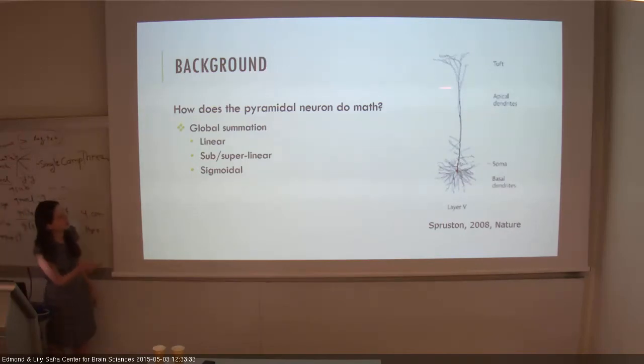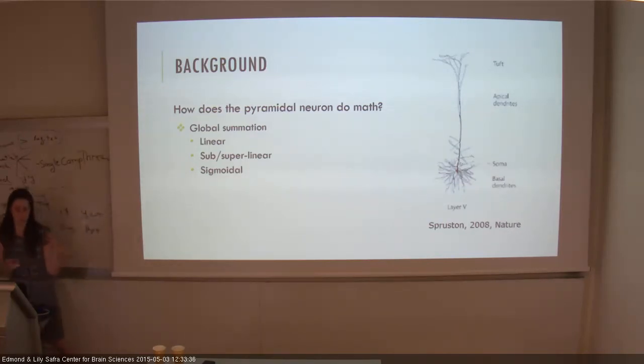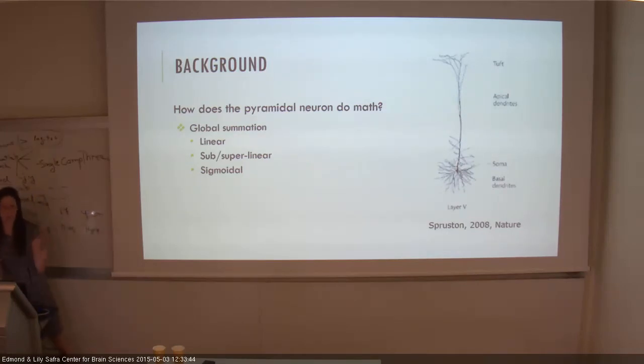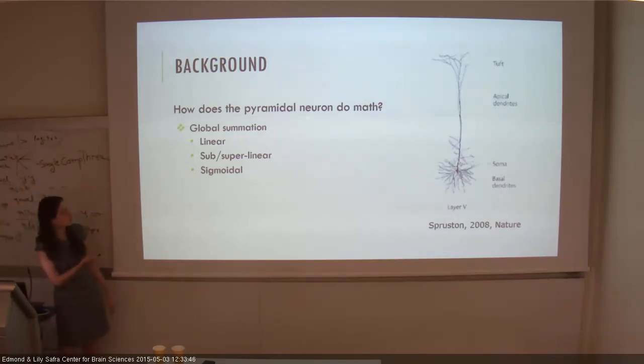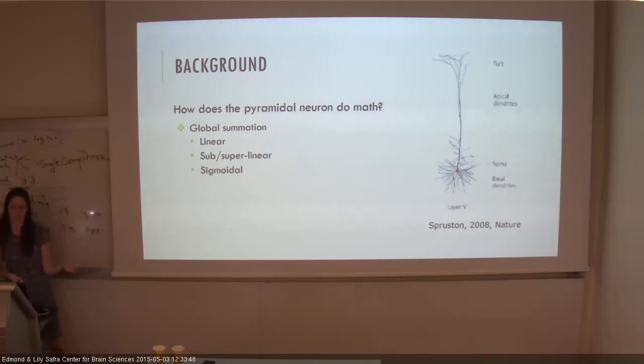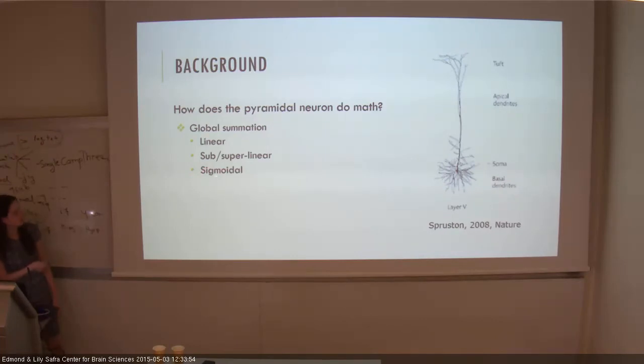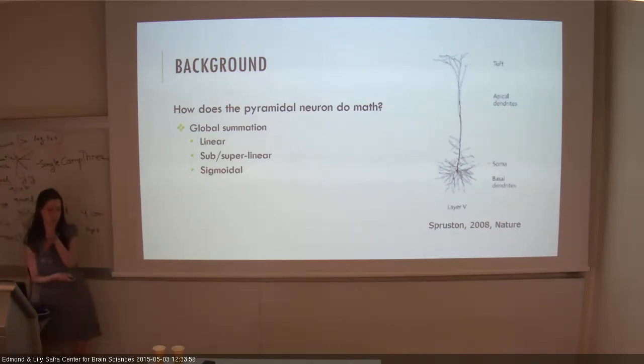They can be from here, and as long as they're weighted the same way, it will produce the same output. It doesn't really matter. This kind of addition can be linear, meaning just 1 plus 1 equals 2. It can be sub- or superlinear. Sub is 1 plus 1 is less than 2, and super is 1 plus 1 is more than 2. And these can theoretically be combined into a sigmoidal addition function.